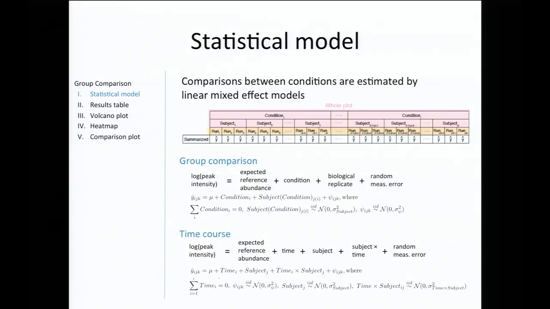Those summarized values are the ones that you got from the summarization step. In this linear mixed model, you model for the condition and the biological replicate in cases where you have a group comparison. When you want to do a time course experiment, MSstats applies a slightly different model. So the factors are the time and the subject, and a combination of those two, because you always have a single subject at the different time points, right?